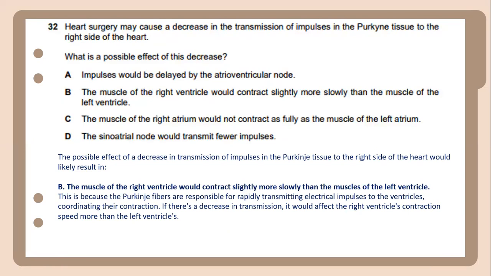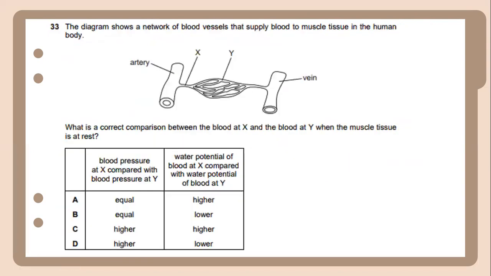This is because the Purkinje fibers are responsible for rapidly transmitting electrical impulses to the ventricle, coordinating their contraction. If there is a decrease in transmission, it would affect the right ventricle contraction speed more than the left ventricle. The answer for this would be B.